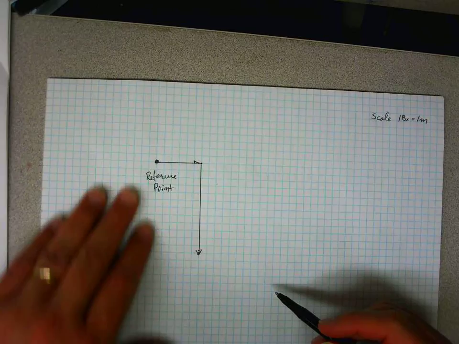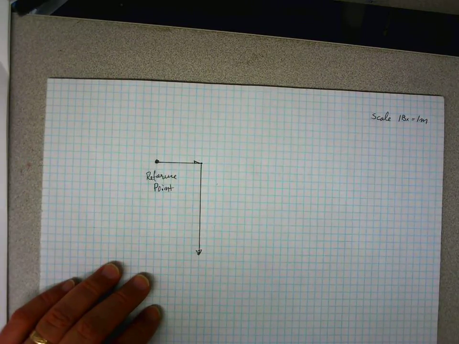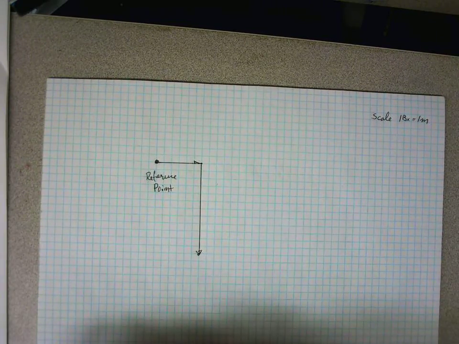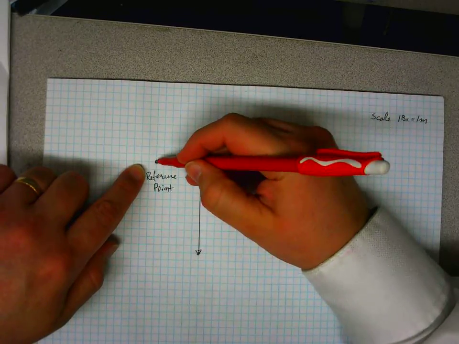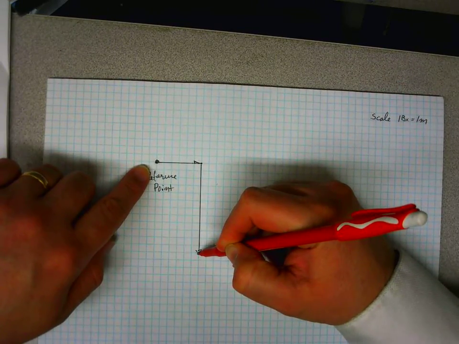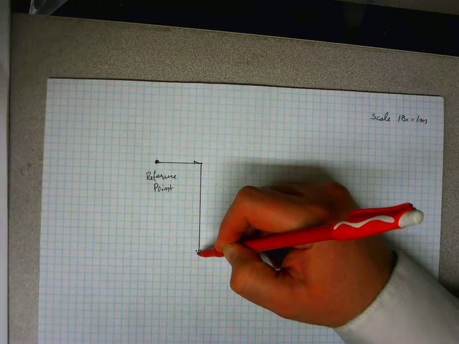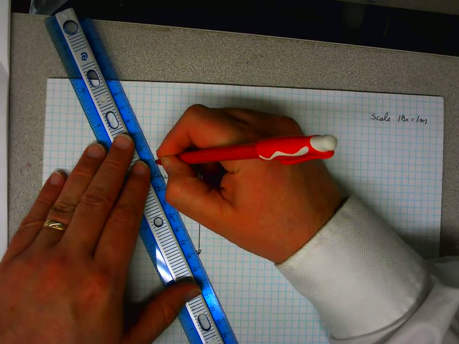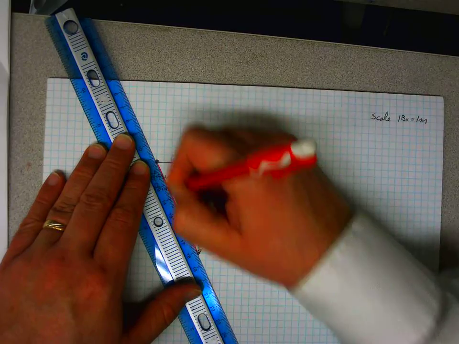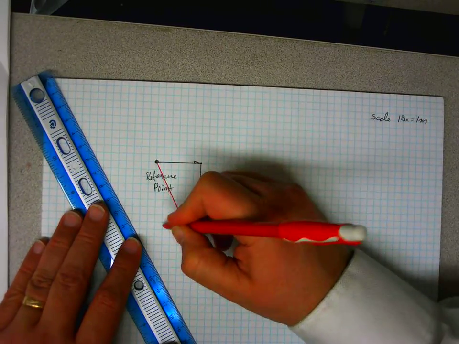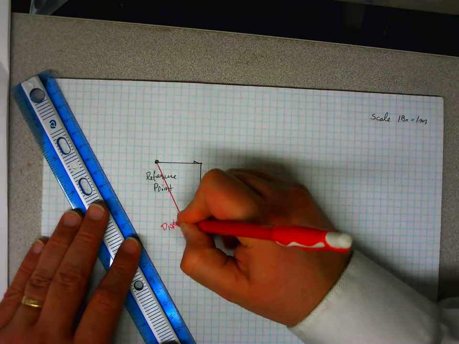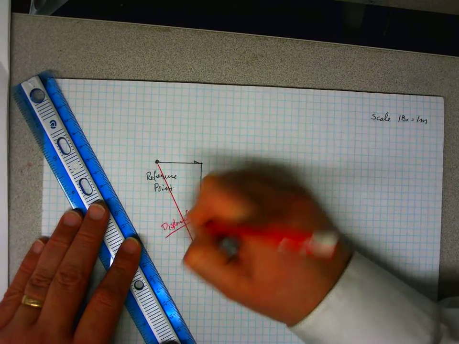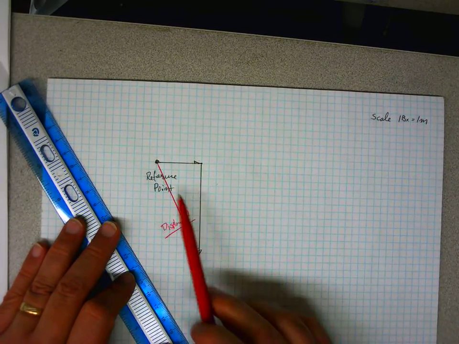Now, I wanted to know what her displacement was. The displacement is actually the distance from the beginning point to the end of where she had stopped moving. So what I'm looking for is this distance right here. So this would be her displacement, or the distance from the reference point.